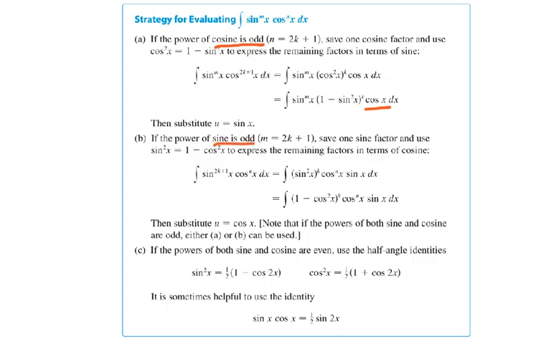And if sine is odd, you're going to keep the sine out and get everything in terms of cosine. And if they're both even, then you're going to use half angle identities. We talked about watching for that pattern and using it. That's probably your best bet.